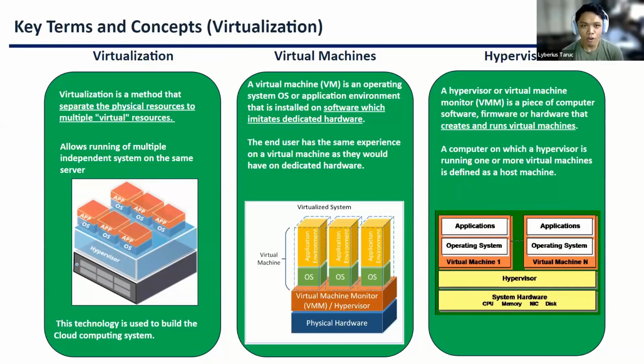Now, for us to do virtualization, we need a piece of software to create the small partitions. That application or software is called the hypervisor. In some books, this is also called the virtual machine monitor.